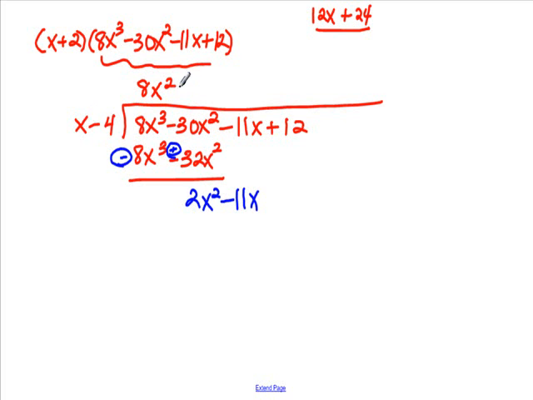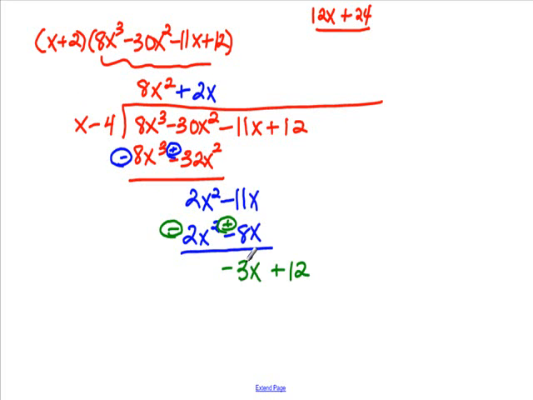X goes into 2x squared, a 2x times, so 2x times x is 2x squared, minus 8x. So now we're going to change the signs. So negative 11x plus 8x is a negative 3x, plus 12.